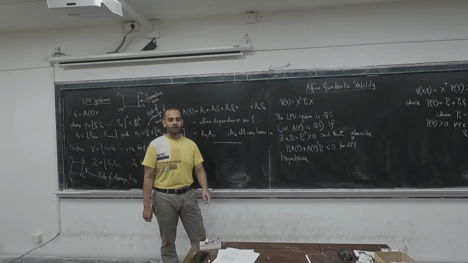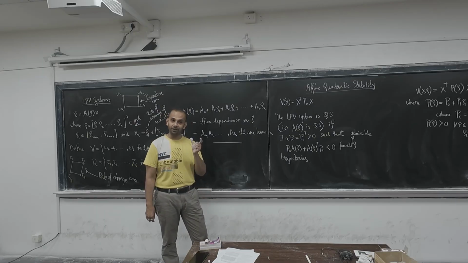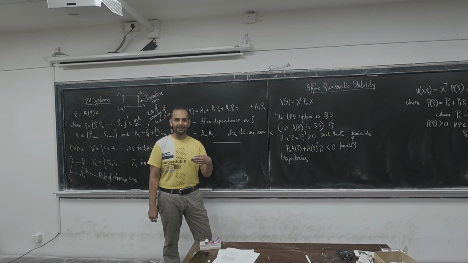So if you see the paper which I shared with all of you by Gahinet and one other author, you will see that first they have defined quadratic stability as well as affine quadratic stability. After that they have put a theorem or a lemma to give the ultimate result.